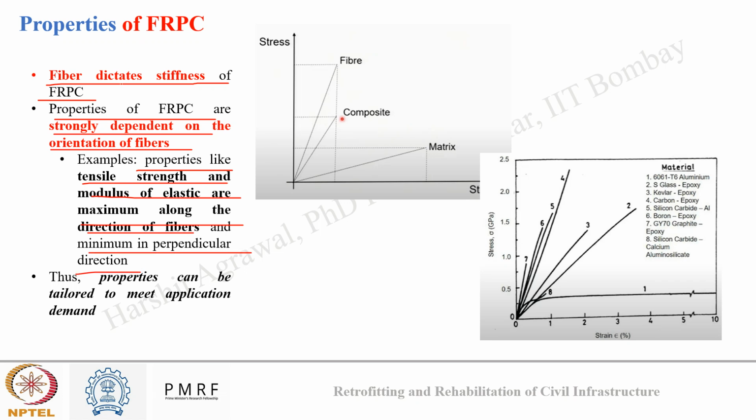That's why orientation is very important when we talk about FRPC, which is an anisotropic material. Since orientation, the amount of fiber, and the properties of fiber and matrix govern the FRPC, we can tailor the properties of FRPC as per our need to meet the application demand.